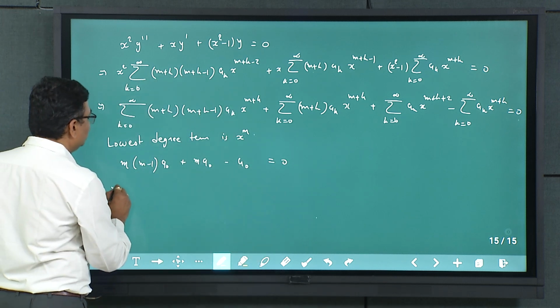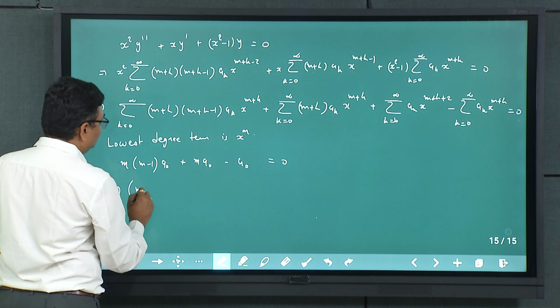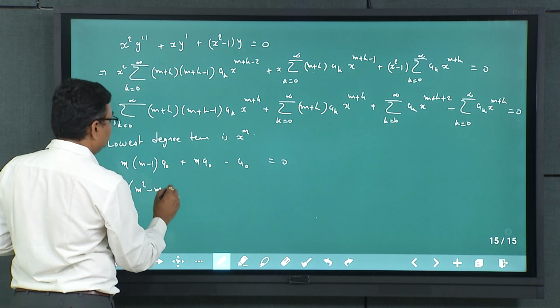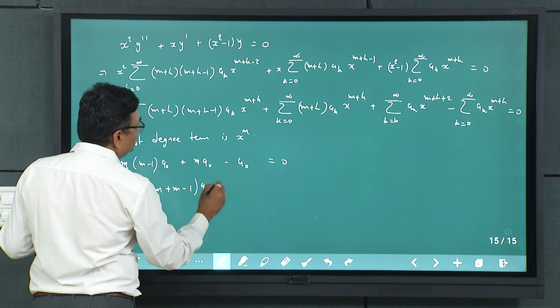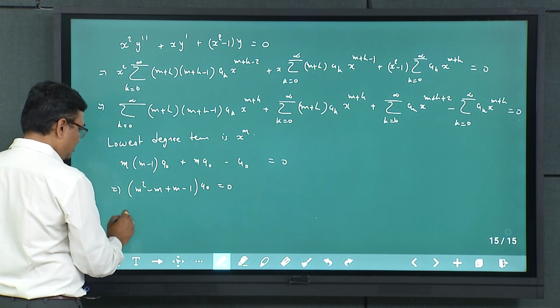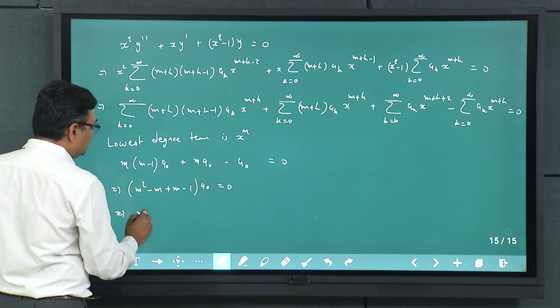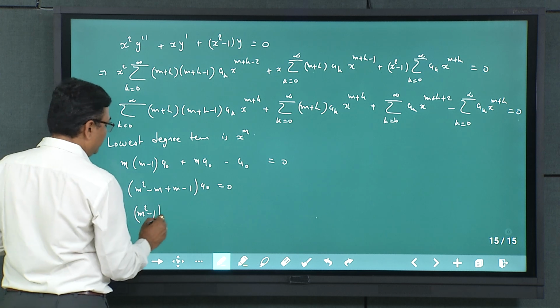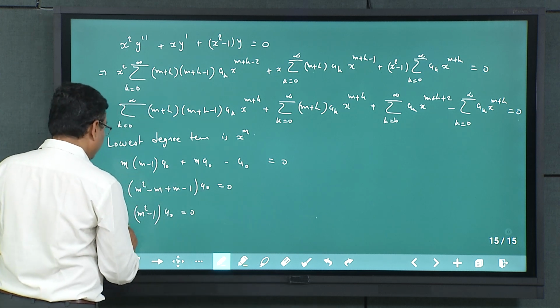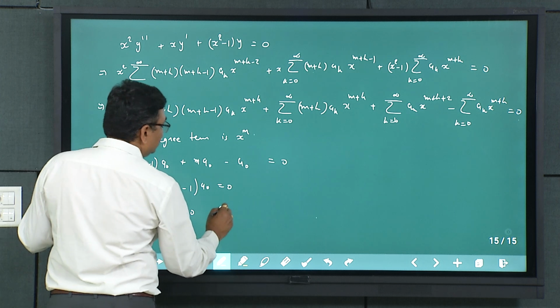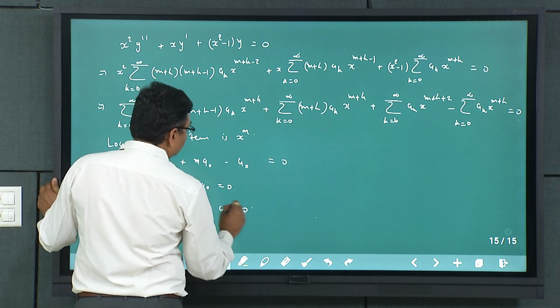So this implies m square minus m plus m minus 1 into a0 is equal to 0. So this implies m square minus 1 a0 is equal to 0, right. So a0 is not equal to 0, right.